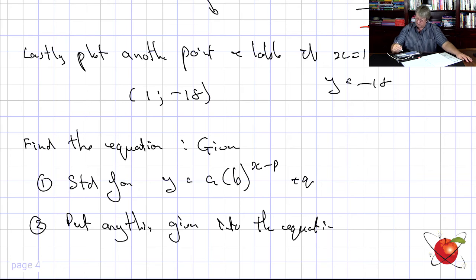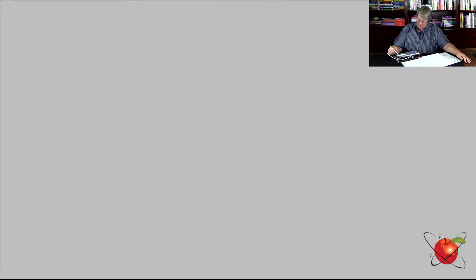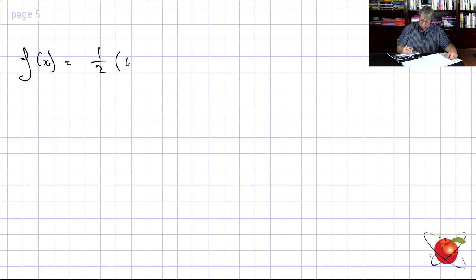In the one I'm doing over here, they have said to us, find f of x equals a half times 4 to the power of x minus p, plus q.